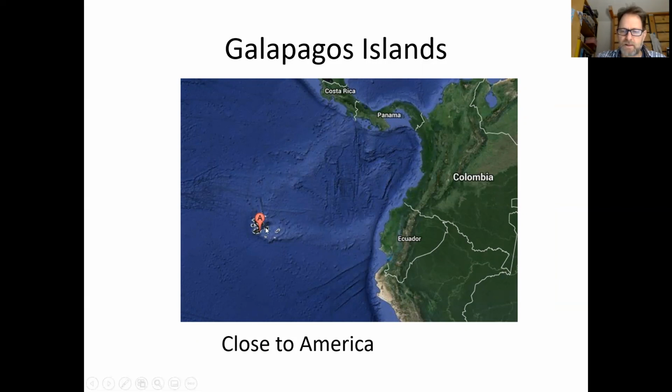Anyway, somehow the islands received colonists, and then once they got there, they're not identical species. They're clearly American in the Galapagos, but they're not the same as any species on the mainland. So after they arrived, they must have evolved, transmuted into new species, but of the same general kind as those on the nearby mainland.